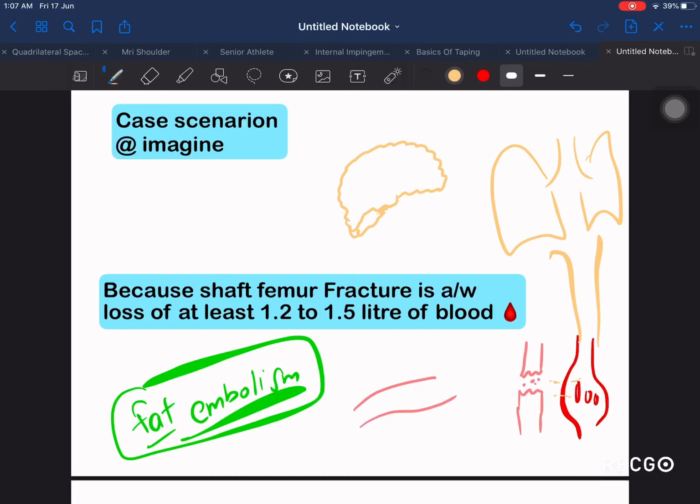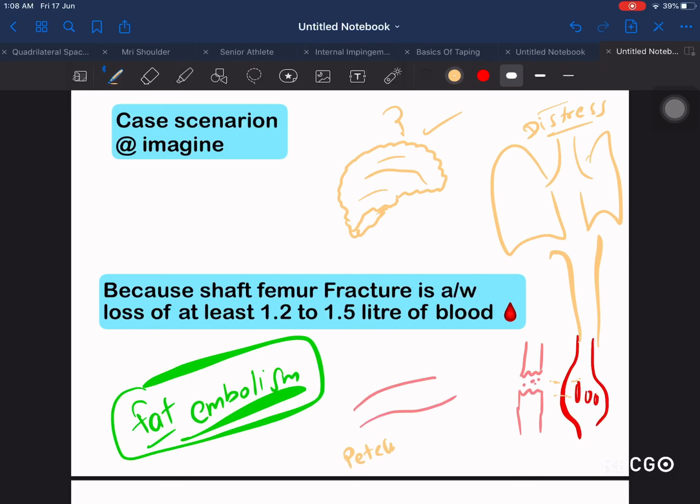So that will result in a situation of confusion, respiratory distress, and petechiae.